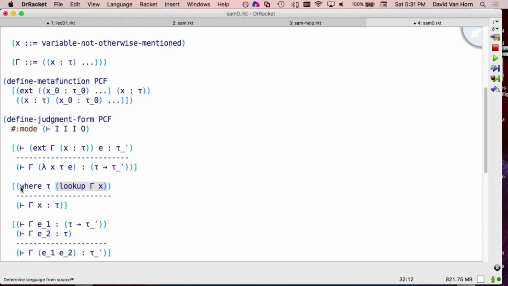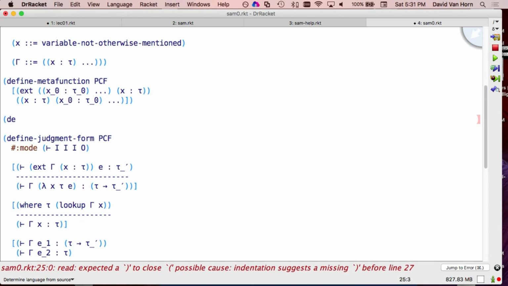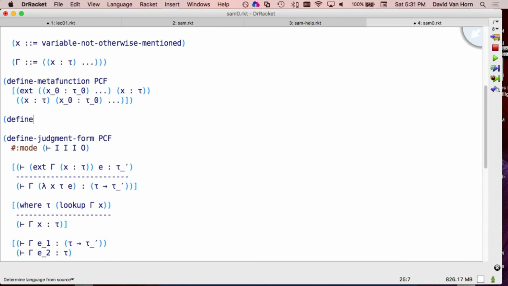The where here is a way of writing the side condition. So lookup is going to be another metafunction, and it should return the type that x has, if it has one. So let's write that.